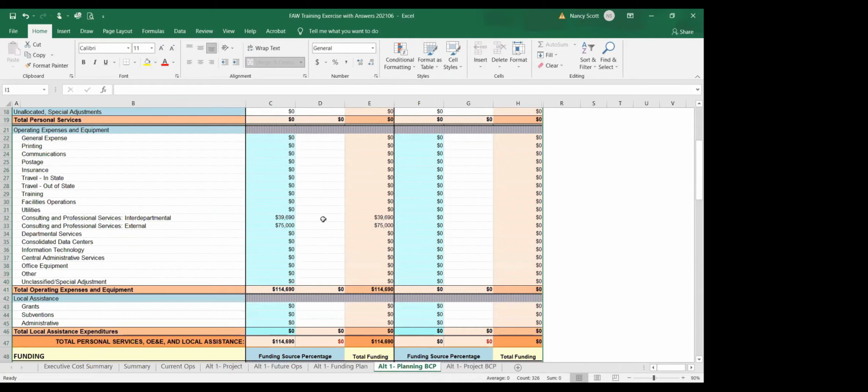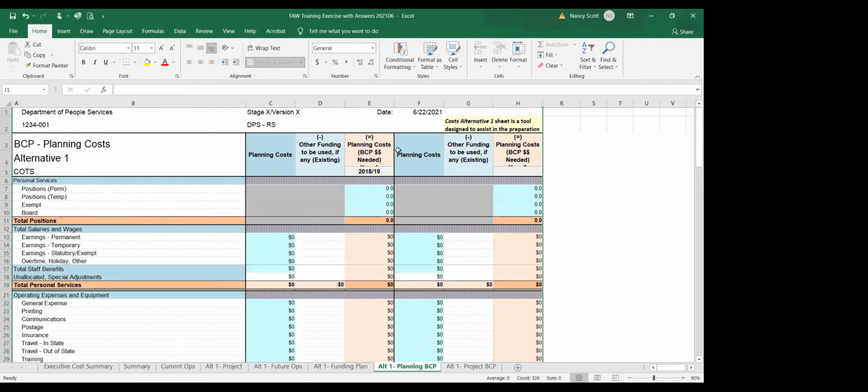If I went to this, I could see how it was broken down based on where a department placed the information. It would show they're indicating that they have a professional inter-services department category, and then they also have external professional services, so that I could know that's how they're breaking it down.